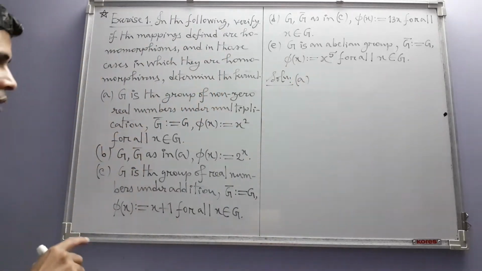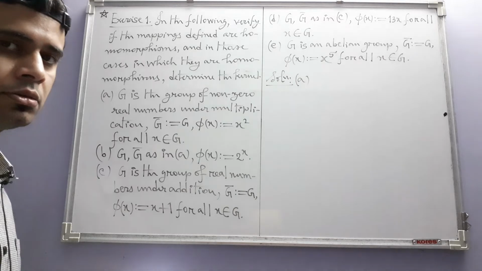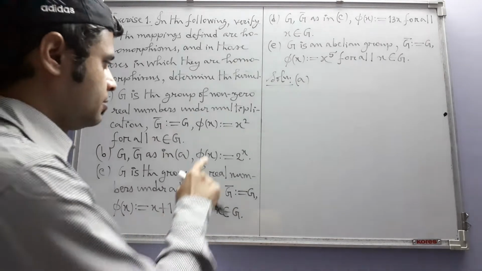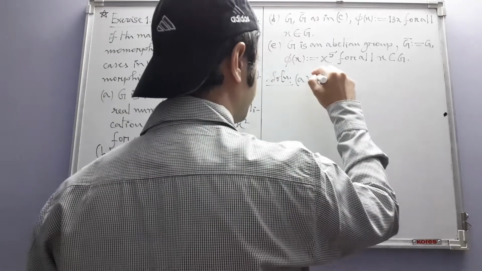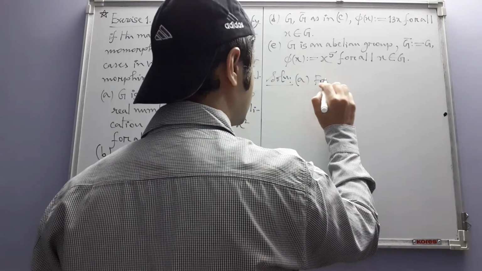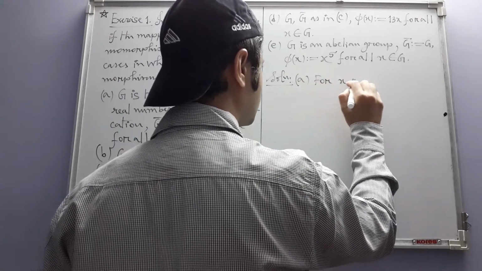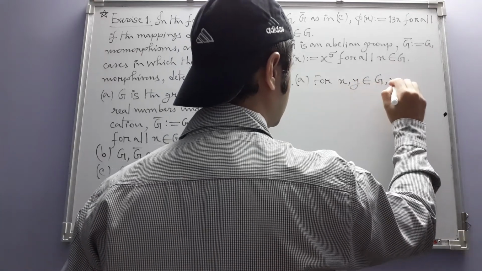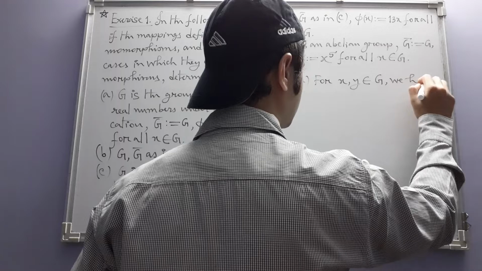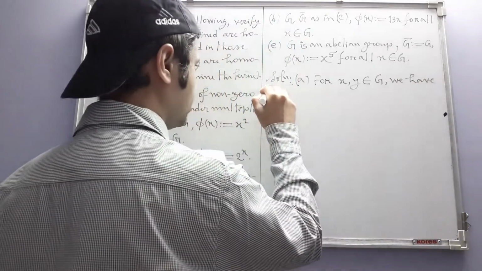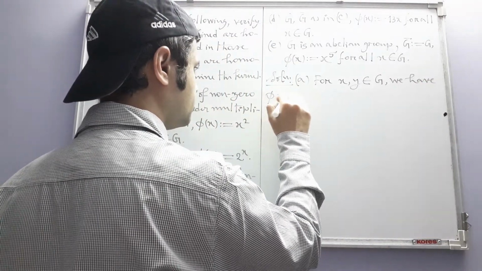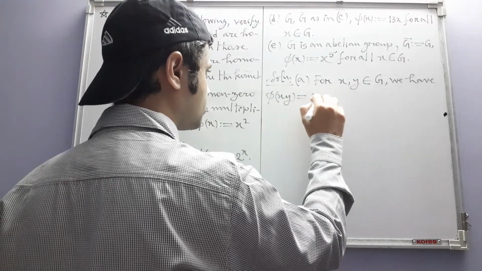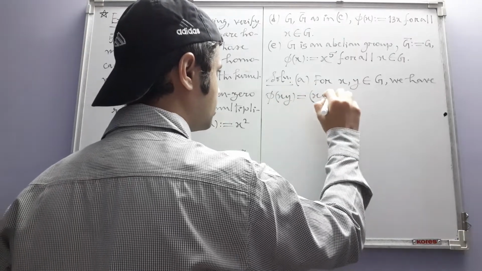So in part A, both the groups are the group of non-zero real numbers under multiplication, and the function is this. For two elements x and y in G, we have phi of xy equal to xy whole square.